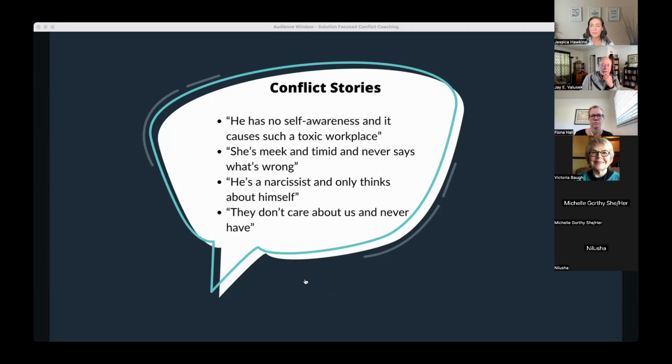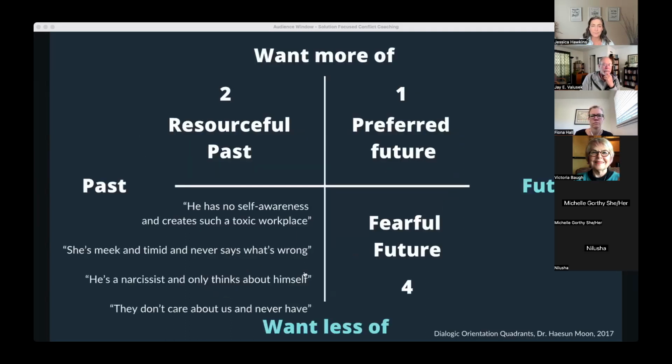And when we plot those into the quadrants, we can see that they really tend to be stuck in quadrant 3. So it's a little different from a normal coaching conversation. For those of you who do coaching or executive coaching, usually people show up in quadrant 1, not naturally, but usually there's something they want to work on.